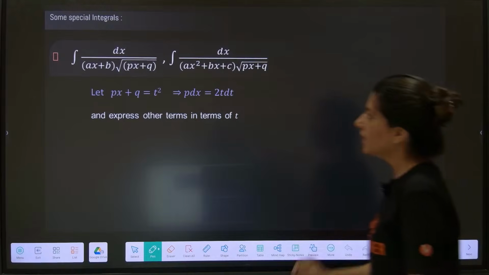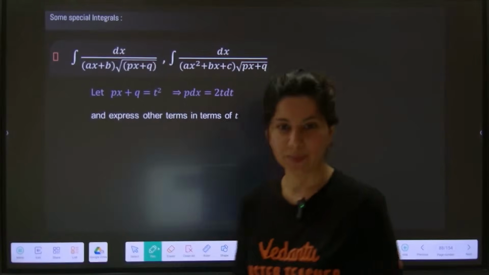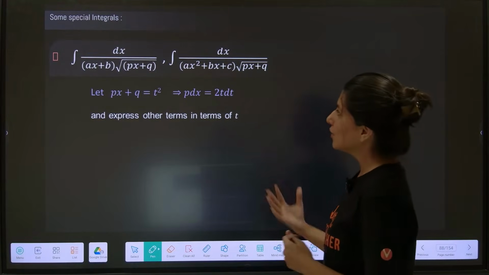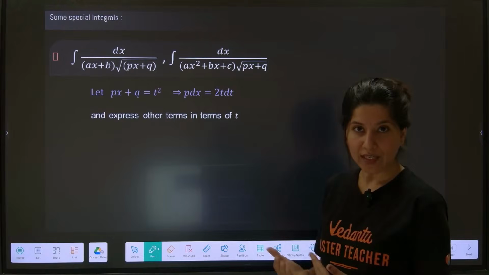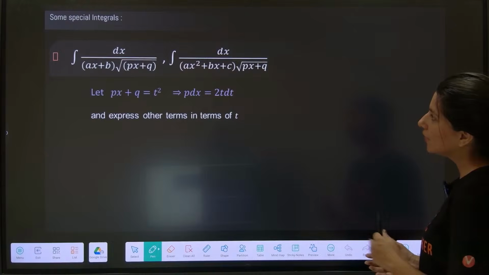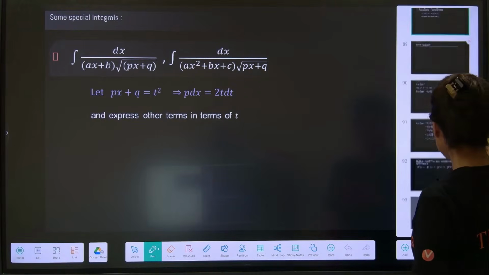Chalo. Now what we will do is continue. We'll keep it till here only because I know things are getting heavy in integration. What is pending is this kind of integration, linear, root linear, quadratic, root linear, that we will see in the upcoming session.